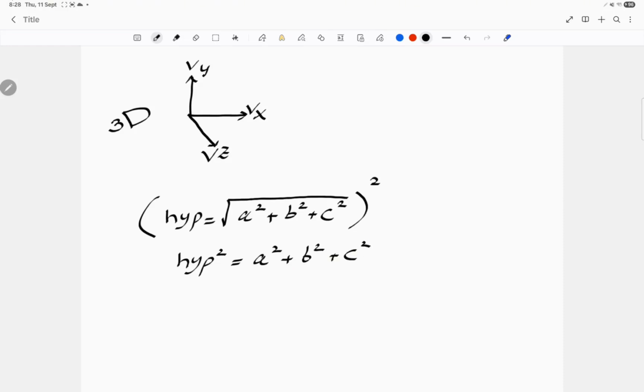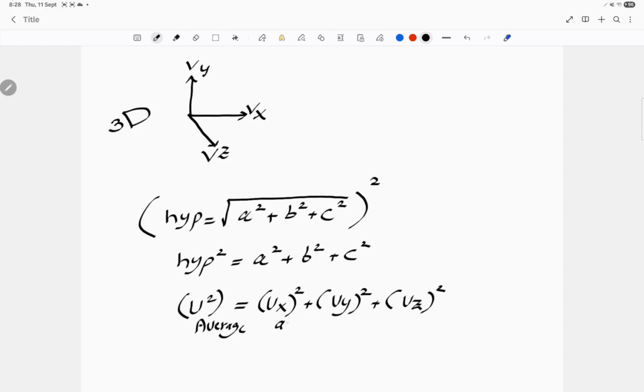How does that translate to our equation? Because now we can say that Vx squared plus Vy squared plus Vz squared will be equal to V squared. And of course, right now we're dealing with the average velocity. So just add the word average to all of them.